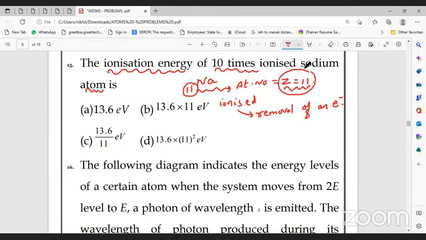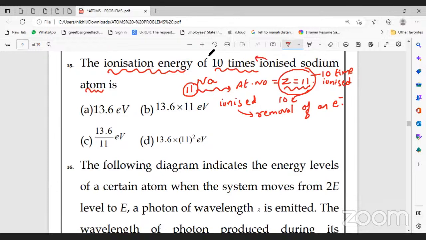In the sodium atom, there are 11 electrons. 10 times ionized means we have removed 10 electrons. If you remove 10 electrons, what will be the left out electron? Left out electron will be 1. So you can consider 10 times ionized sodium as a hydrogen-like atom.